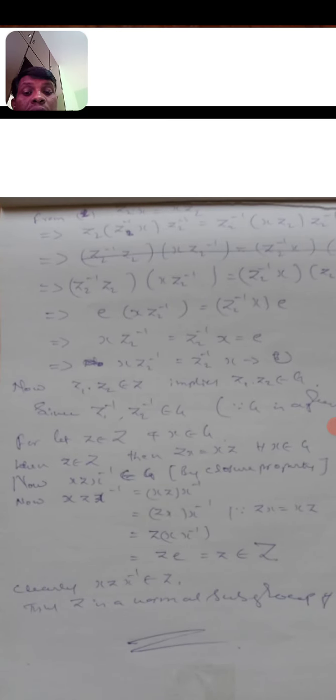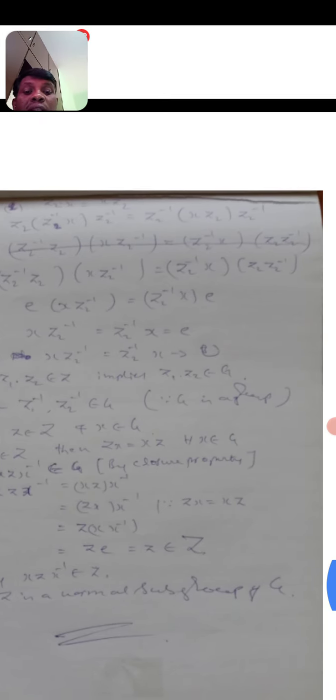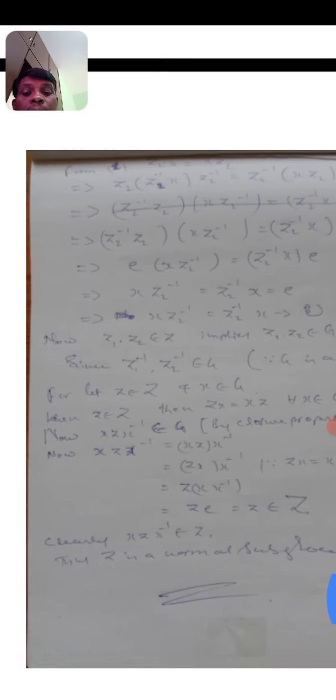Now z1 z2 belong to Z. It implies z1 and z2 belong to the given group G, since when z1 z2 belong to G, their inverses z1 inverse and z2 inverse also belong to G, since G is a group.